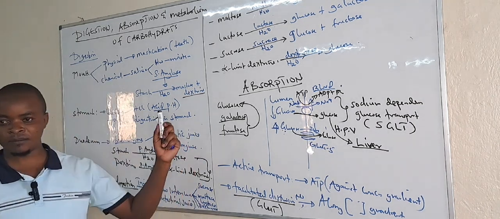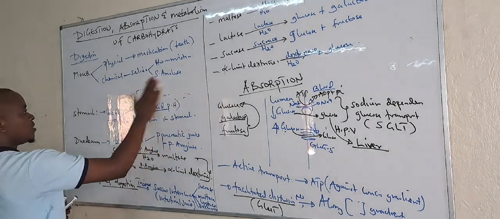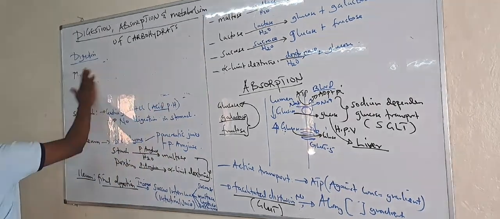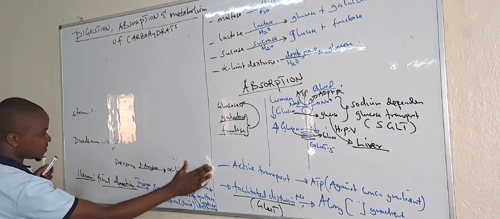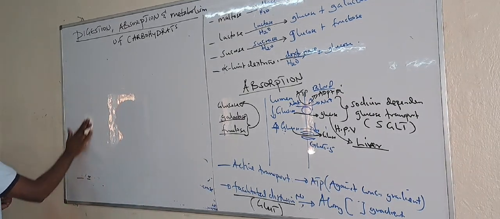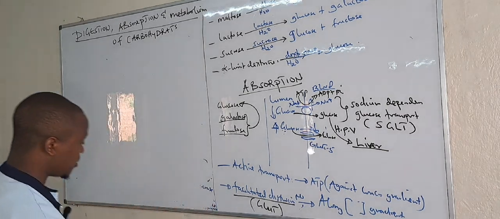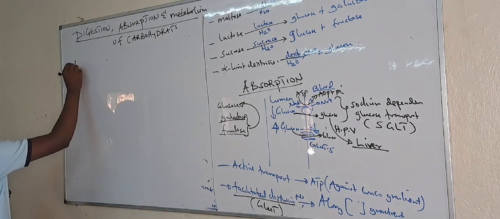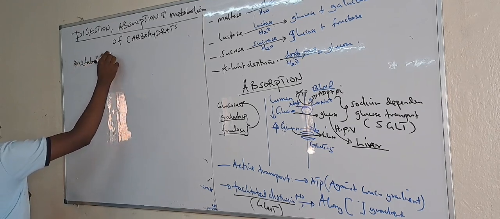They are meaning metabolism. How does the body utilize the glucose? So let us be very quick in it. This metabolism occurs in two ways. You can call it metabolism, glucose metabolism, or utilization.